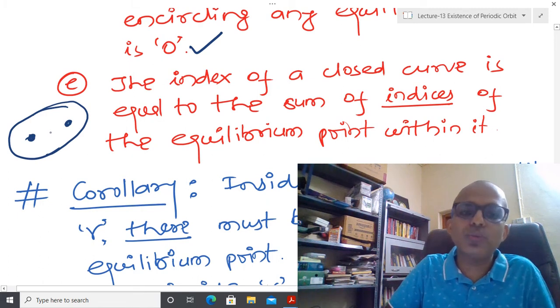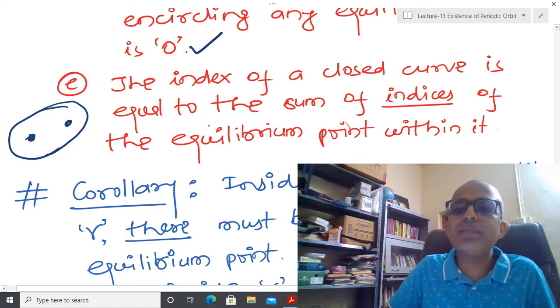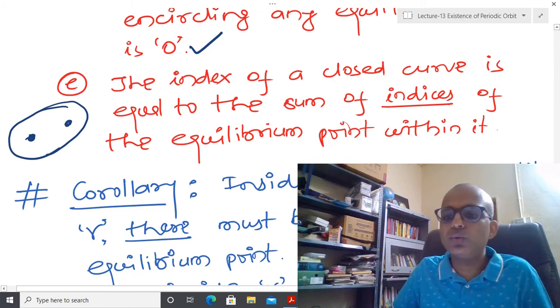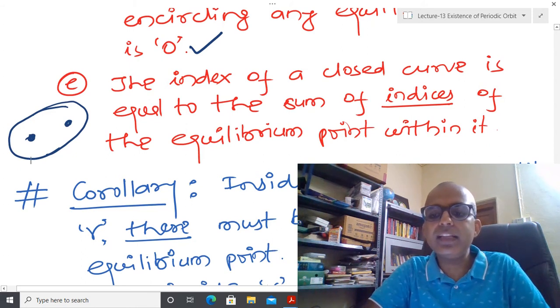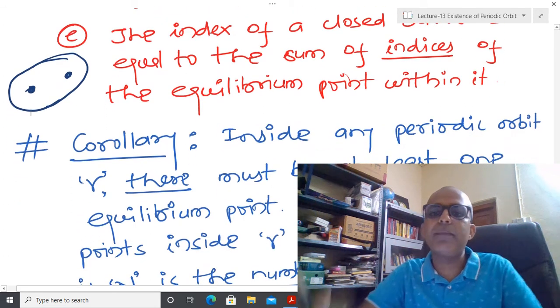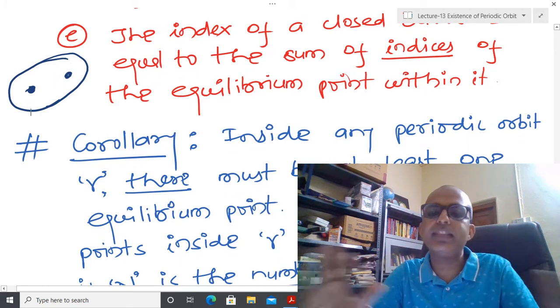It is possible to show that the total index of the closed curve is nothing but the sum of the individual indices. Okay, so please do the calculation. Using this lemma, we are able to calculate the index.